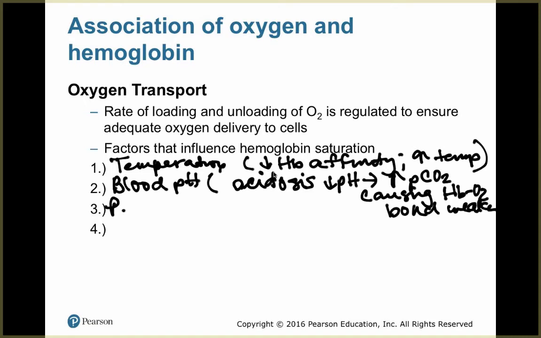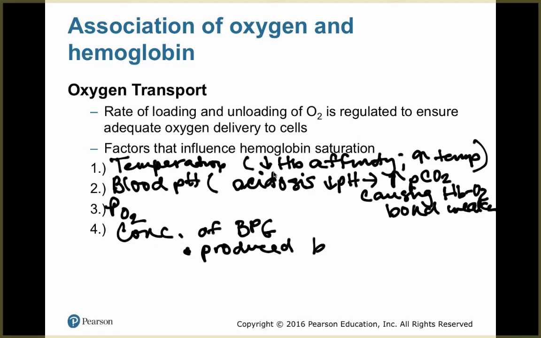The partial pressure of oxygen can influence how much oxygen, or the concentration of oxygen, there is, and the concentration of what's known as BPG. This is produced by red blood cells during glycolysis.